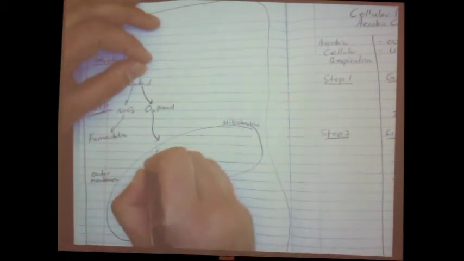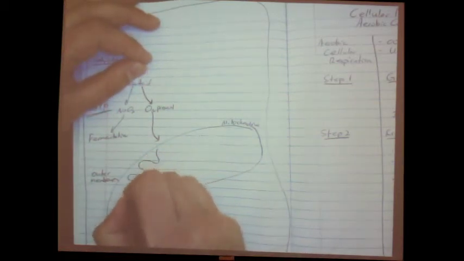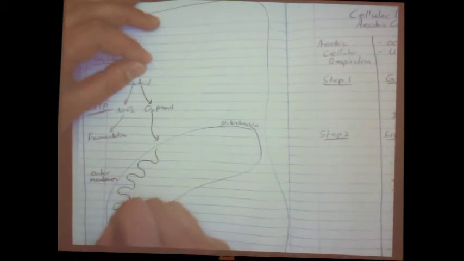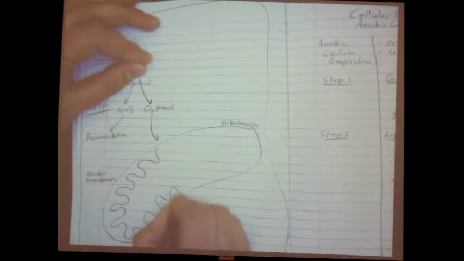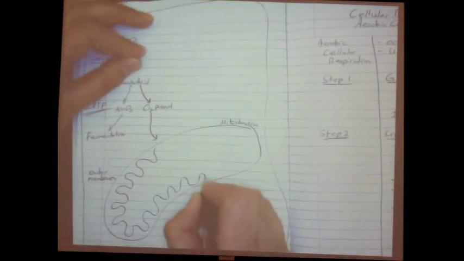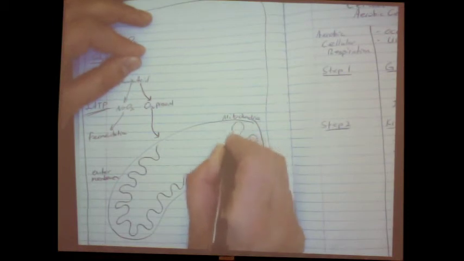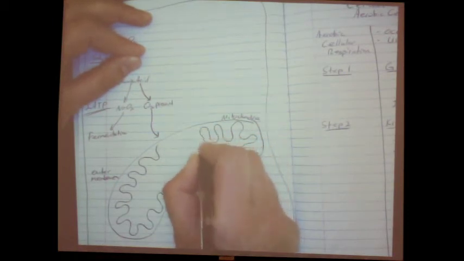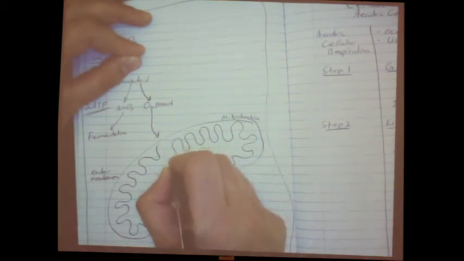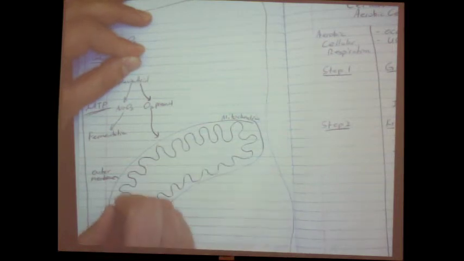So we have this inner membrane that folds all inside the matrix. And the matrix is the name of the space that is on the inside of the mighty mitochondria. So here is our inner membrane.